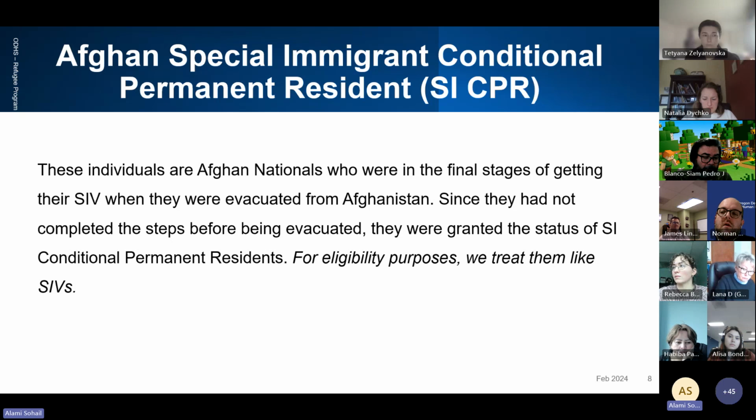For SI conditional permanent residents, the documents they would show you would be a foreign passport with the code CQ1 through CQ3, or a green card which has the code CQ1 through CQ3. They can also show you an employment authorization document with the code C11 on it.